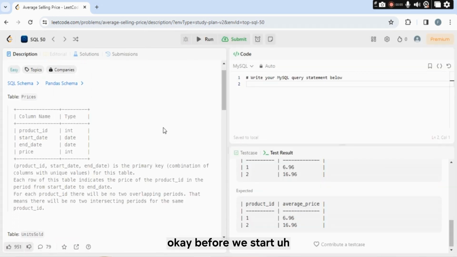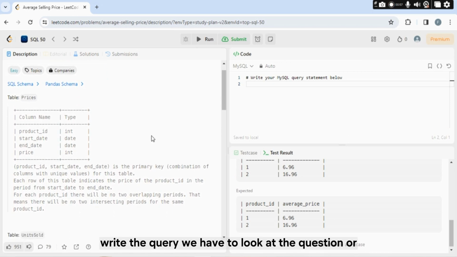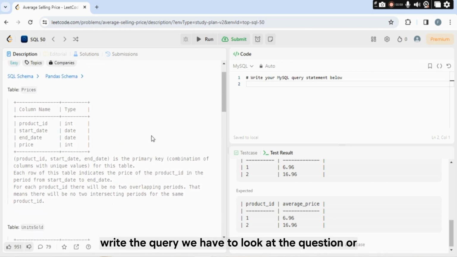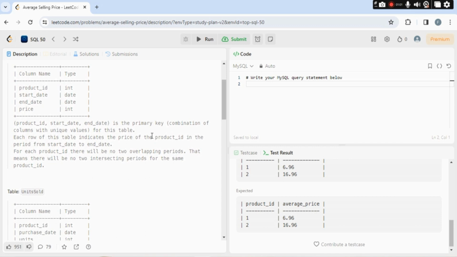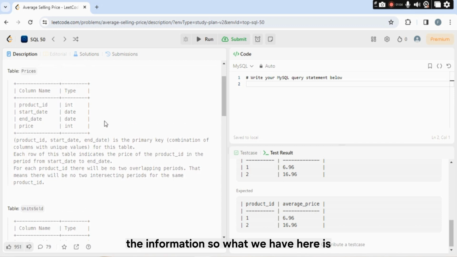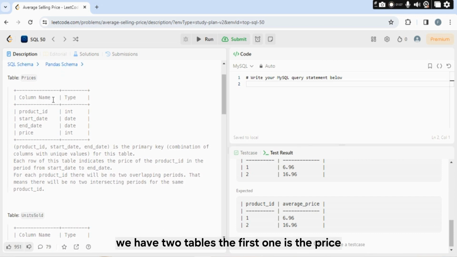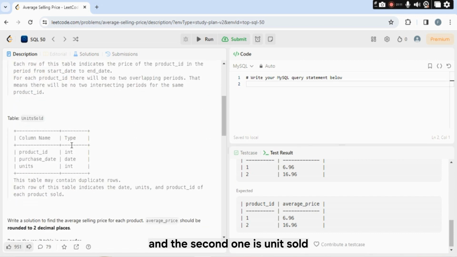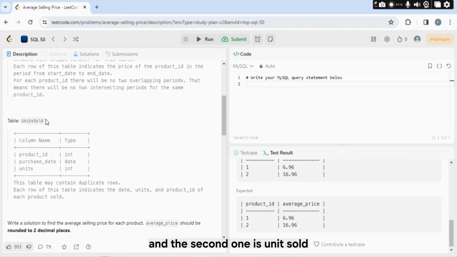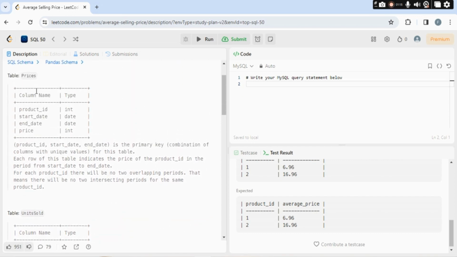Okay, before we start to write the query, we have to look at the question and the information. What we have here are two tables. The first one is Prices, and the second one is UnitsSold.